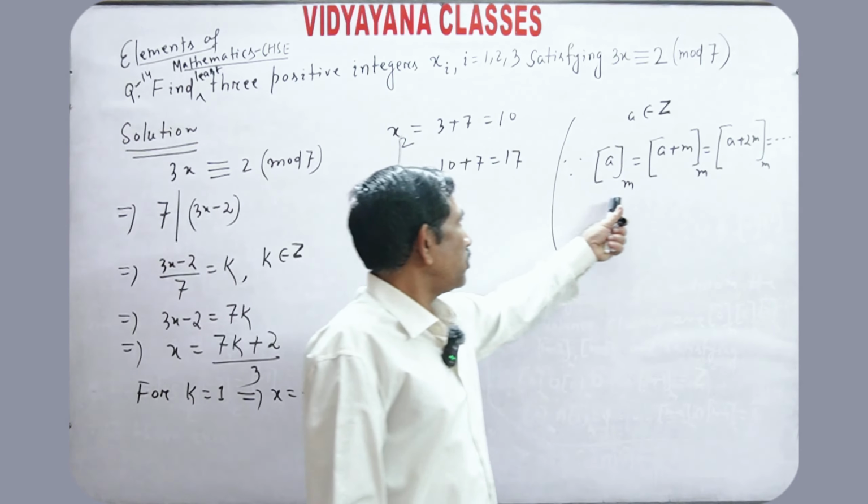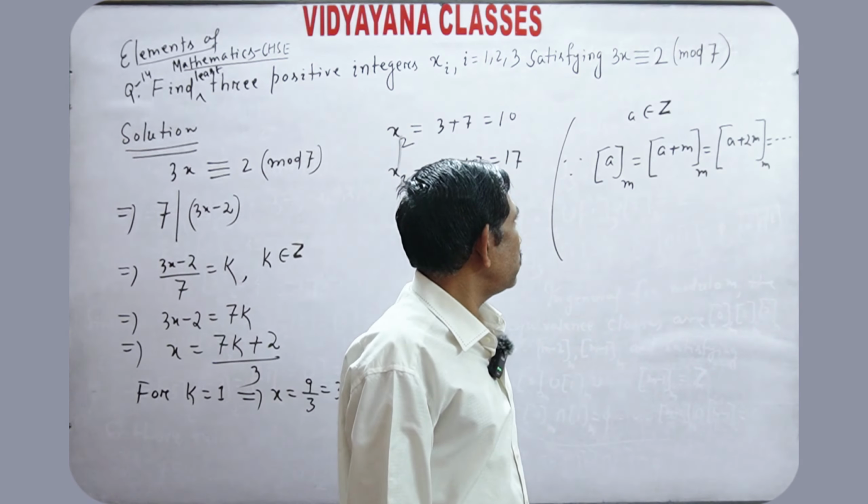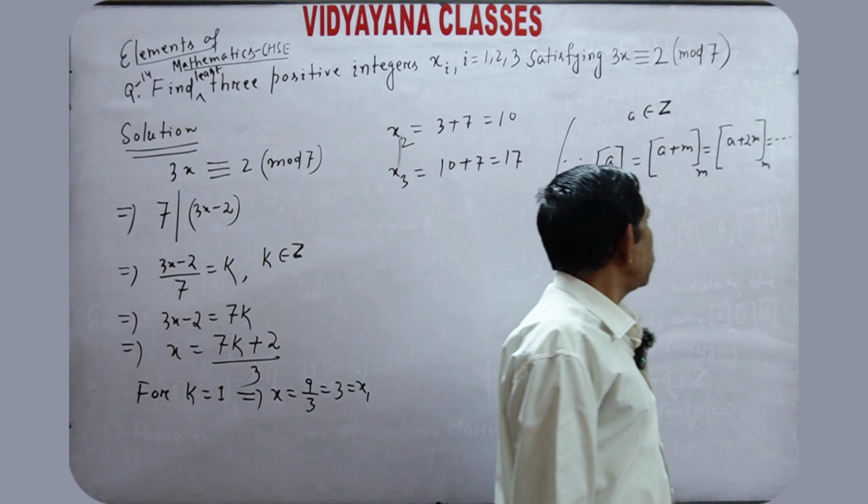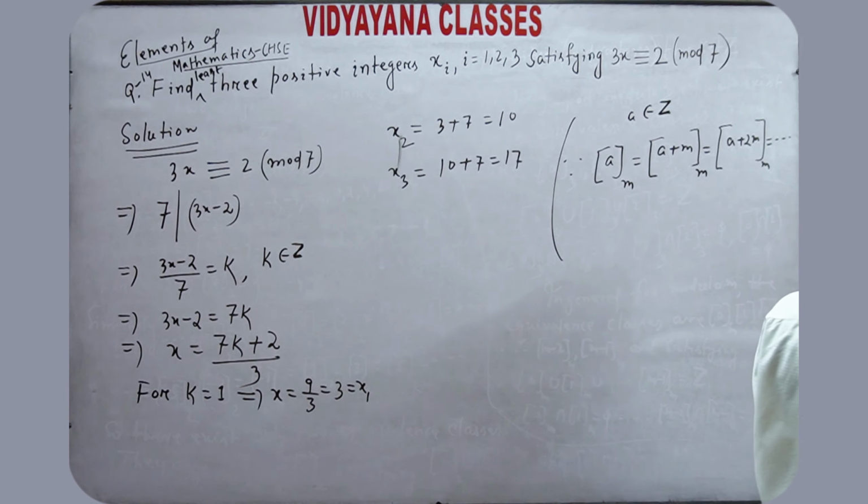Equivalent class of A modulo M is same as equivalent class of A plus M modulo M, which is same as equivalent class of A plus 2M modulo M.